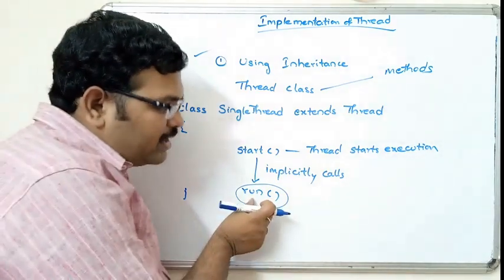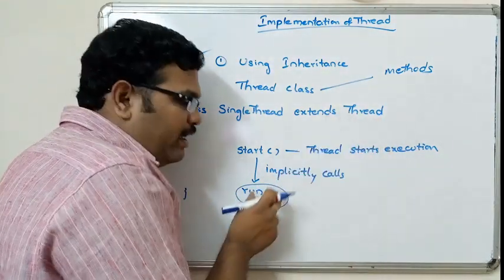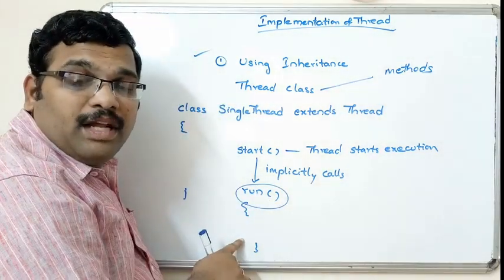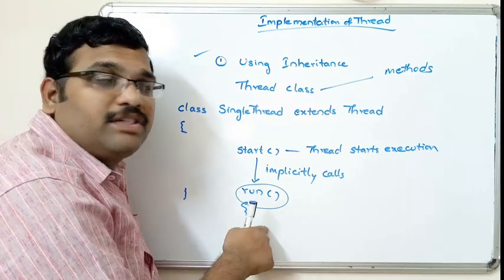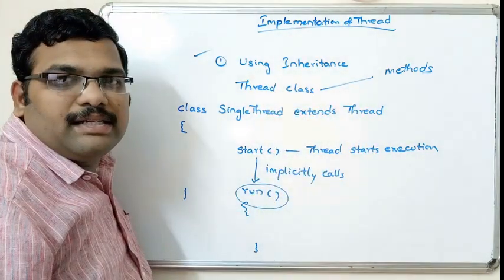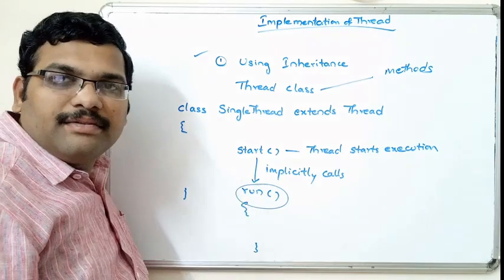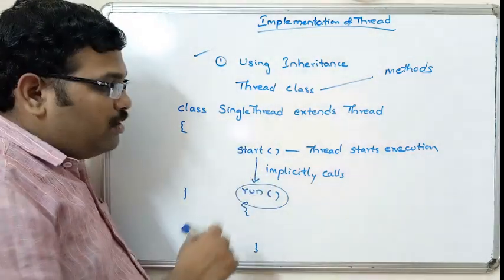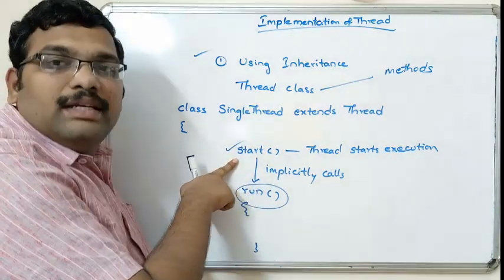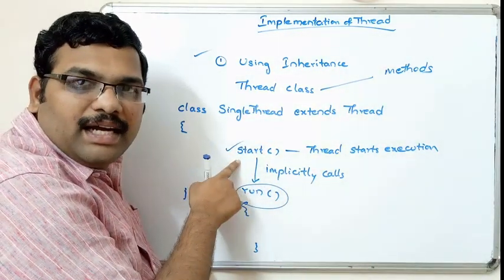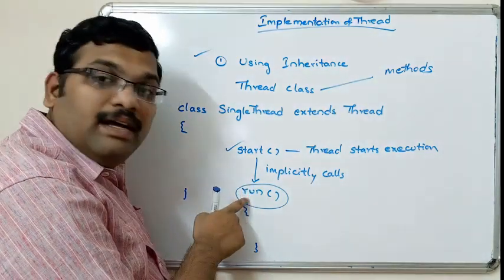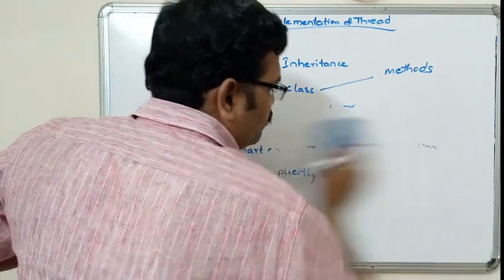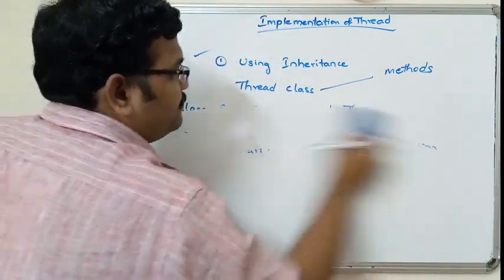The run function is already available in Thread, and here we write our own logic in it. In the main function we have to call start, and that will implicitly call the run function. Let us write a simple example so that you will understand.